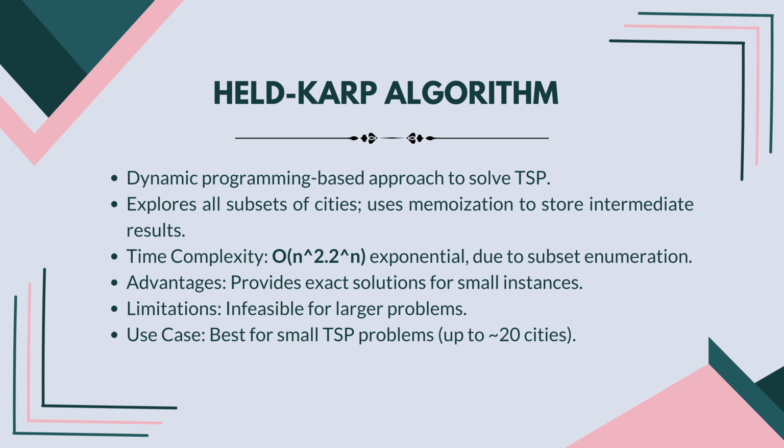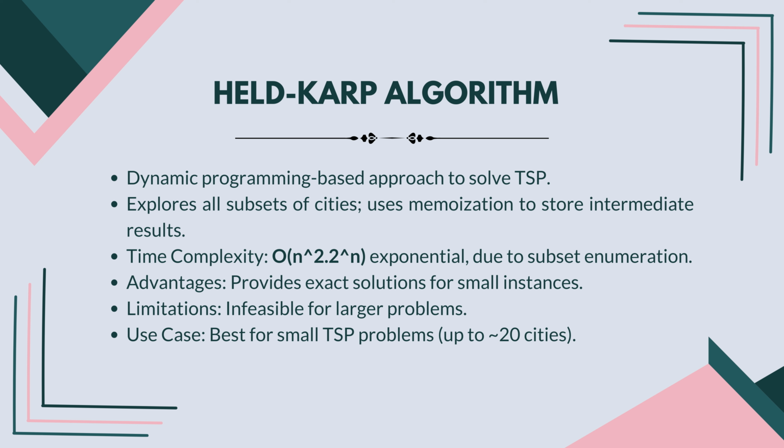Held-Karp uses a recursive formula that calculates the minimum cost of reaching a city via all possible subsets of other cities. This formula ensures that no route is missed and every possibility is considered. Finally, after exploring all subsets, it reconstructs the optimal route by backtracking through the stored results.